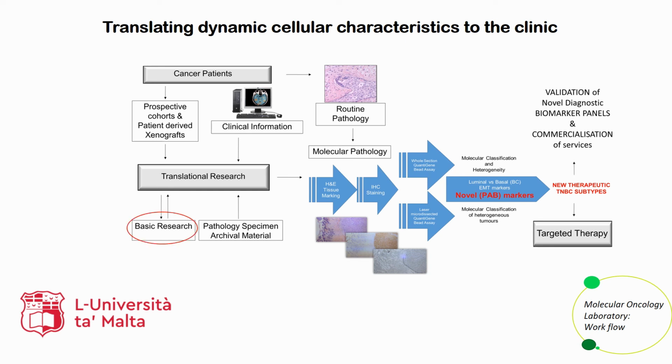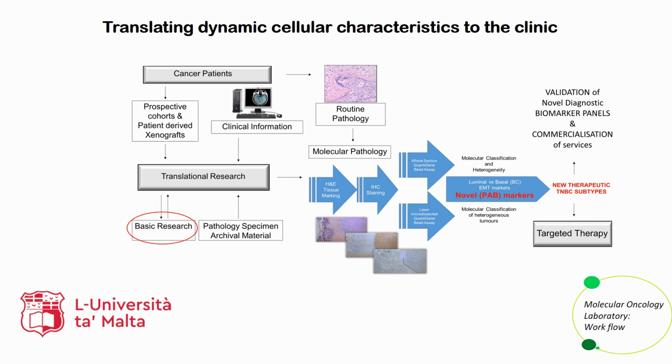So this is the path that we take. Of course, we start off with basic research where we study the cellular biology and the mechanism of disease. And once we have identified specific biomarkers that can predict disease or therapy outcome, or that can be used to monitor patients, we immediately trigger the path towards validating these biomarkers using patient material and patient data.